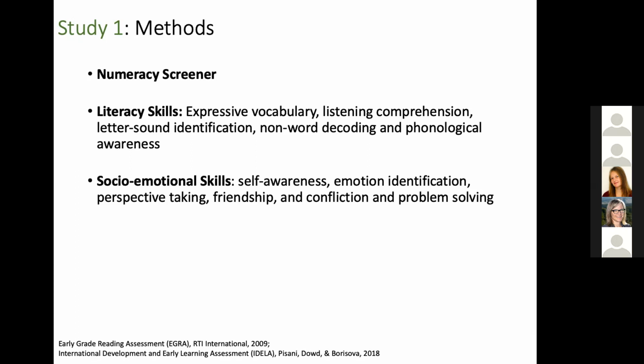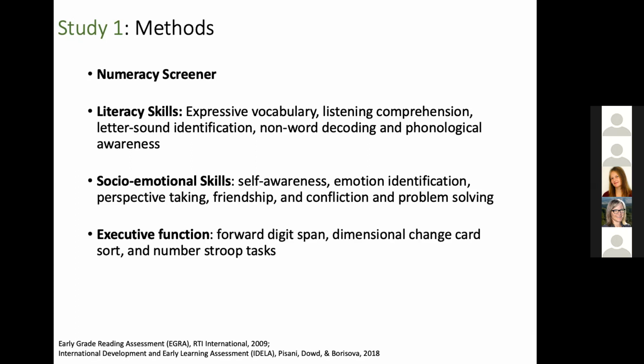And these were items that assess self-awareness, emotion identification, perspective taking, friendship, and conflict and problem solving. And they also completed tasks that assess forward digit span, dimensional card sort, and number group tasks to get an overall measure of their executive functioning skills. The dependent measures here in this case are mean percent correct across these subtests within each of these domains.